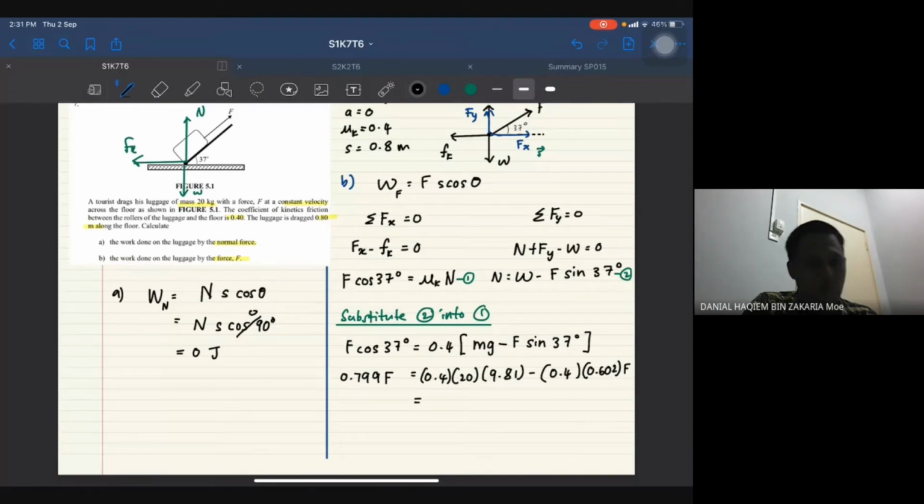I got 1.04. That one is 0.4 times 20 times 9.81, which is 78.48. So I got F equals 75.46.